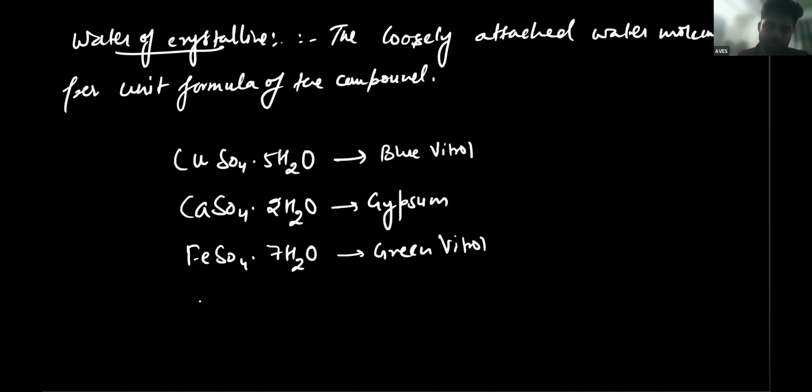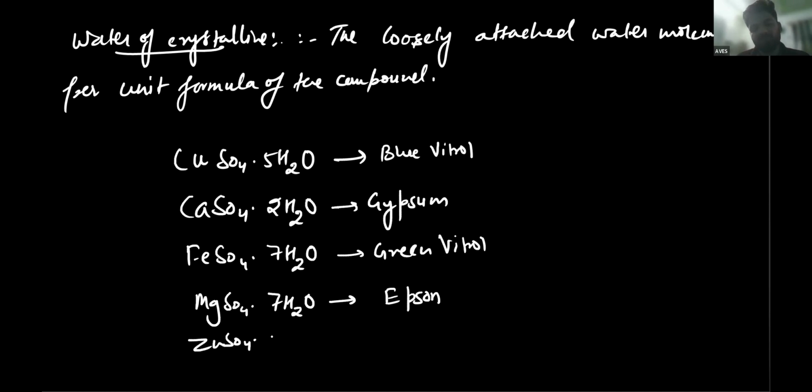Next is MgSO4.7H2O. This is called Epsom salt. ZnSO4.7H2O is called white vitriol.